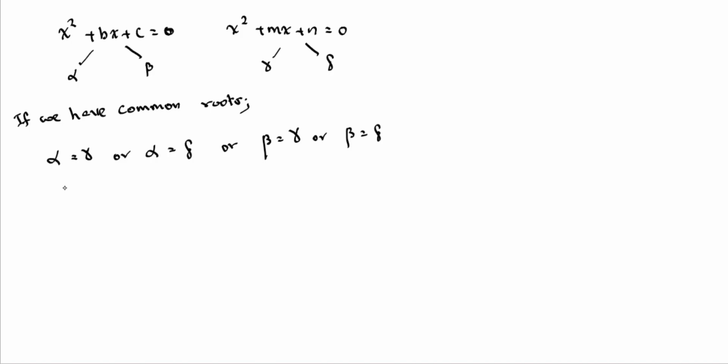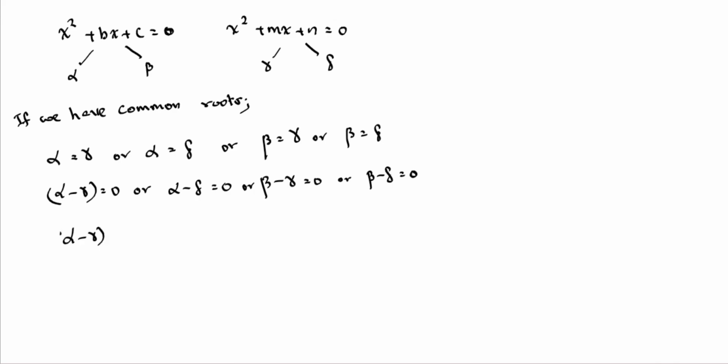If alpha equals gamma, you have alpha minus gamma should be equal to 0, or alpha minus delta equals 0, beta minus gamma equals 0, or beta minus delta equals 0. If you multiply all of this, this should equal 0, because if one of them is equal to 0, the whole thing will become 0.